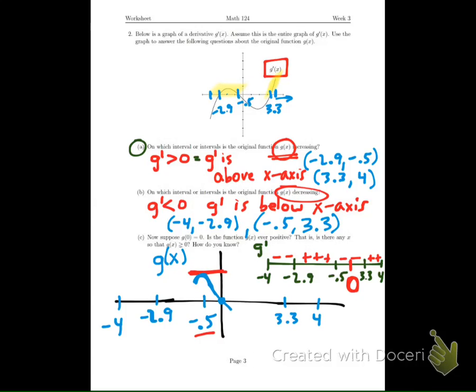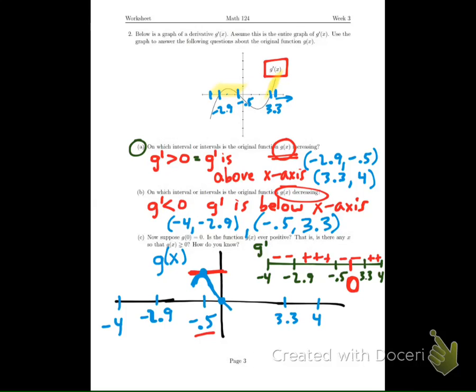Horizontal tangent line means, well, we have a horizontal tangent line there, g prime is 0, but then just before that value, g is increasing, okay? So somewhere over here, we don't really know.